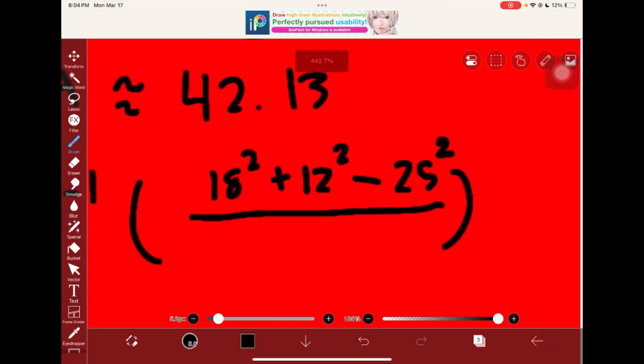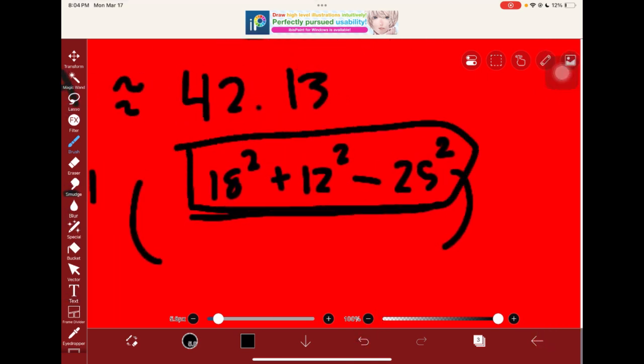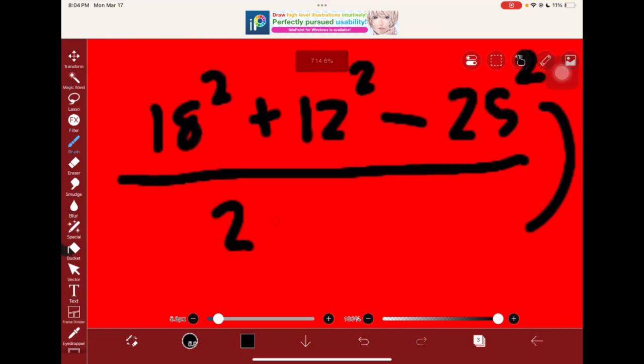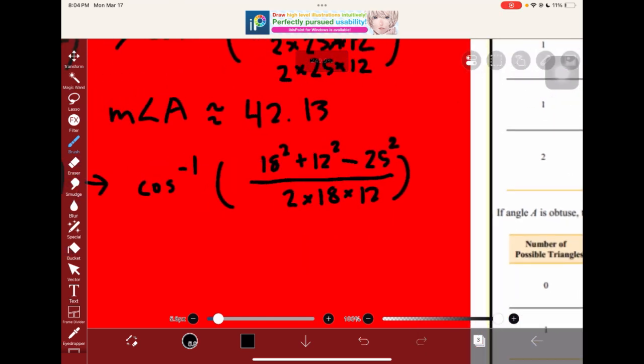Now, if you plug this in manually, it's okay to get a negative number. It's normal for cosines, but not okay for sines. Then we do 2 times 18 times 12 at the bottom. Plug it into the calculator: cosine inverse, in parentheses, 18 squared plus 12 squared minus 25 squared, underneath it is 2 times 18 times 12, close the parentheses.